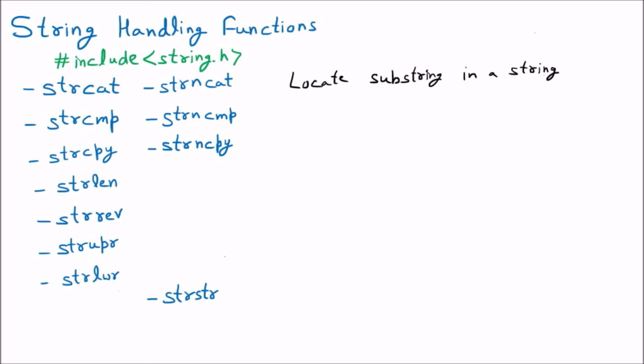So the strstr function is going to locate the substring in a string. I am giving one example to make you understand. Let us suppose that we are taking strstr, and here we are saying s1, comma, double quote, ab.